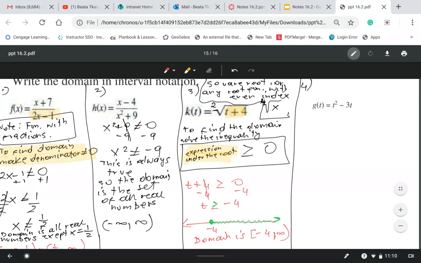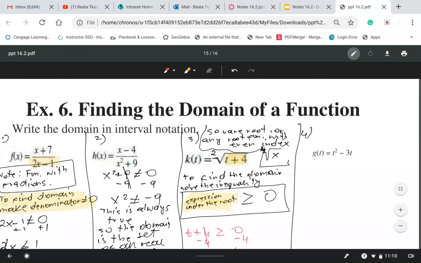Now, the last case is the easiest one. Functions without fractions, square roots, the domain is the set of all real numbers.